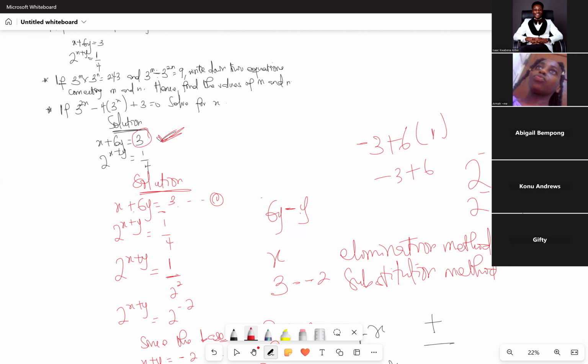Minus 3 plus 1 is minus 2. If you followed our lesson in indices, 2 exponent minus 2 is the same as 1 over 2 exponent 2, so that's the same as 1 over 4. It's the same thing here. So that one will satisfy both equations.